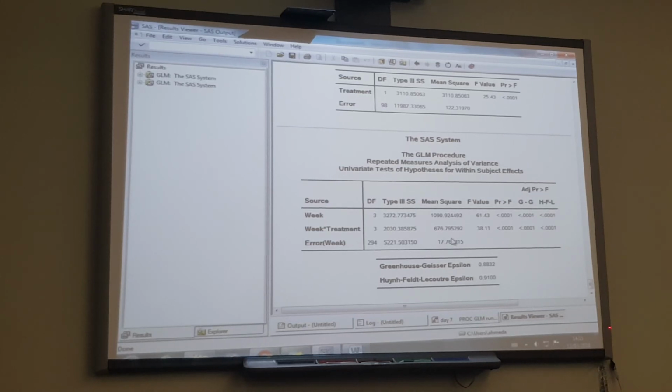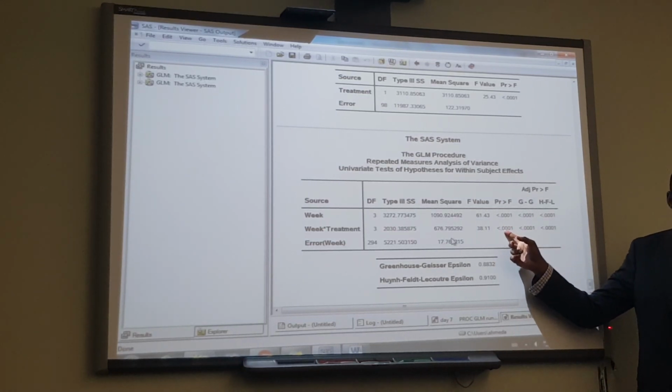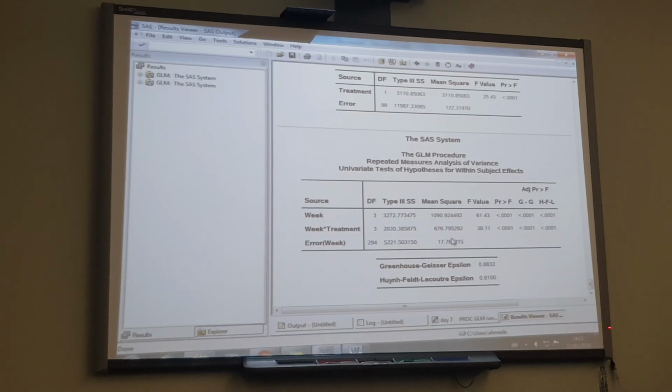And for p-value, anything we say less than means what? Just for standard reporting, you say 0.001. You don't say less than 0.001. Anything less than that, you just make it 0.001.